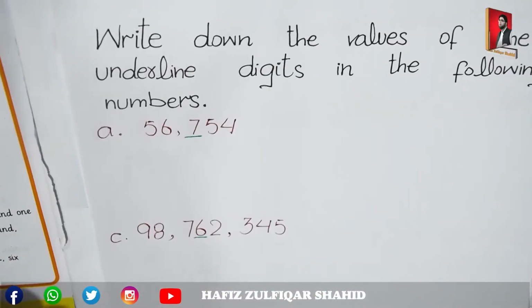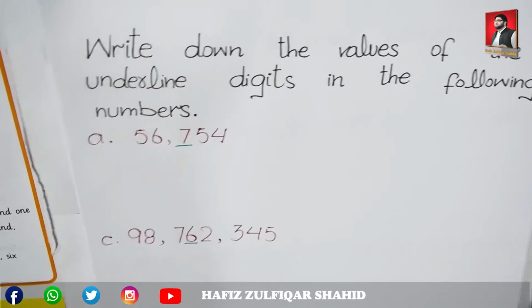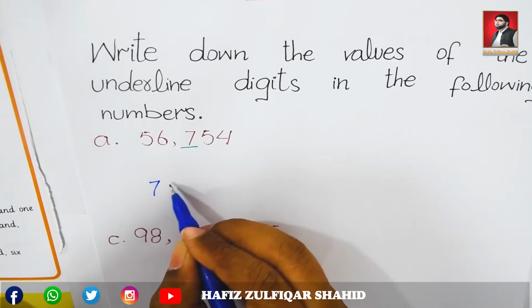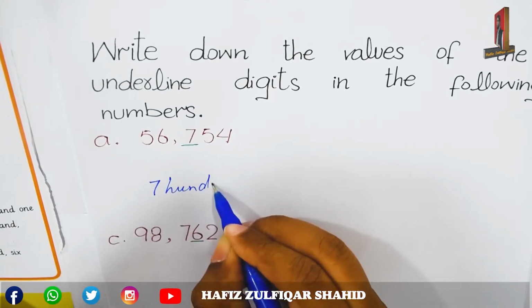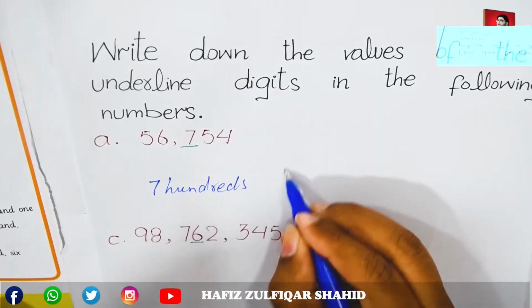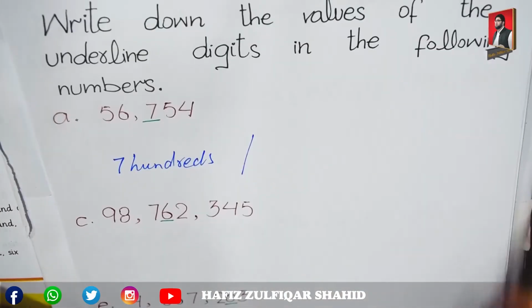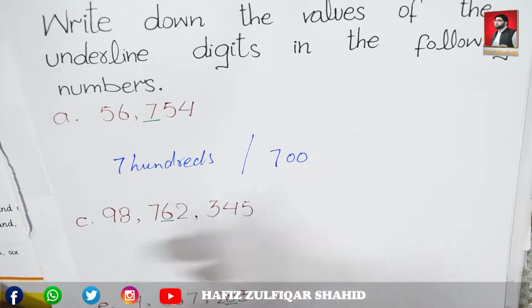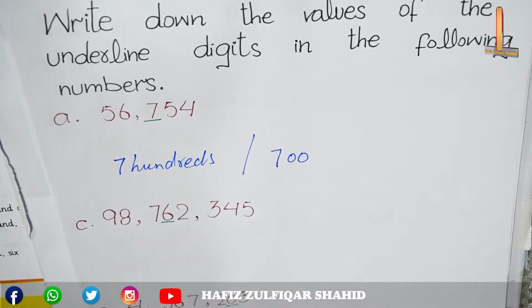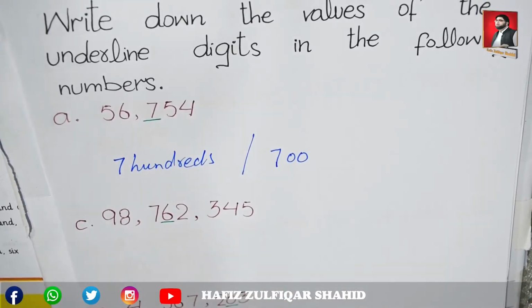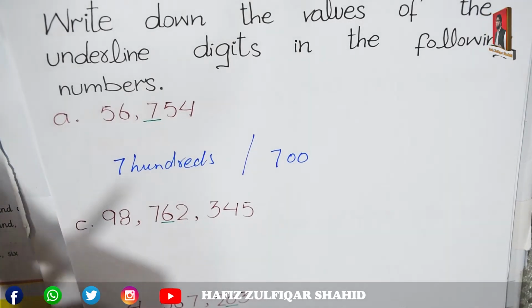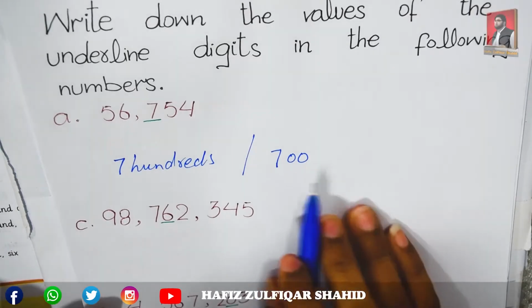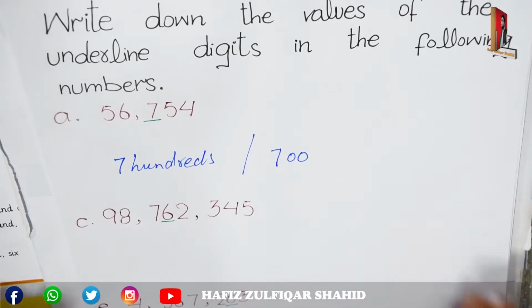We can write it in 2 ways. The first is 7 hundreds, or we can write it as 700. So 7 stands for 700.